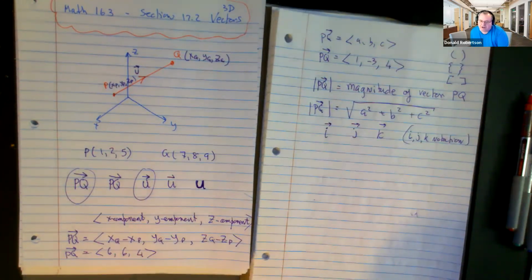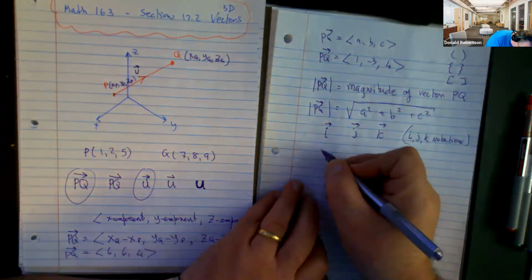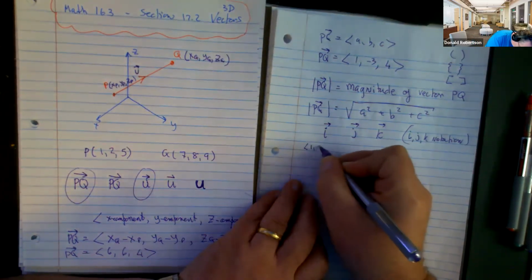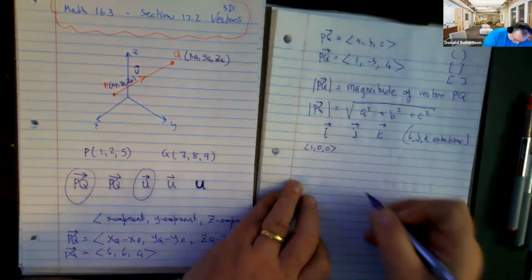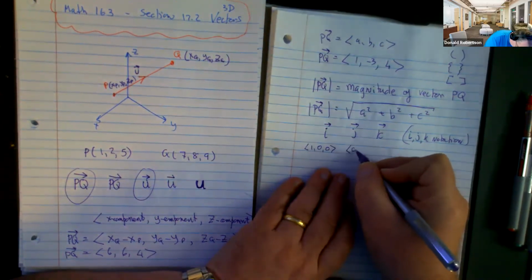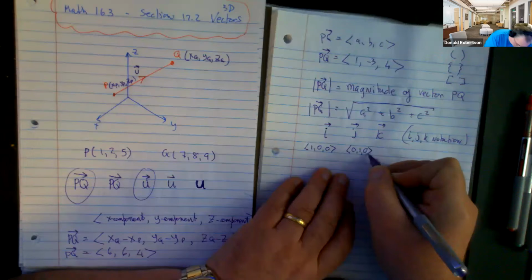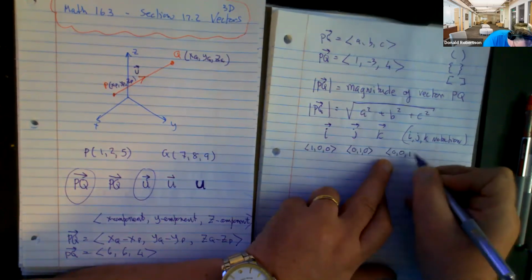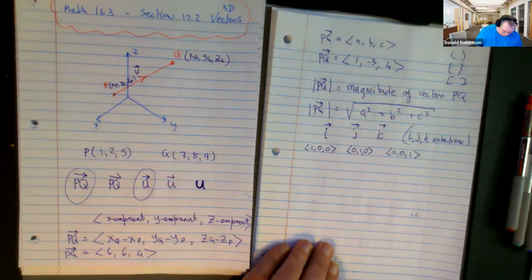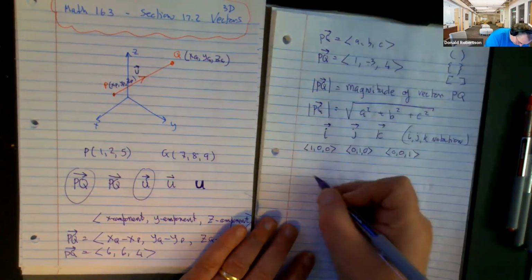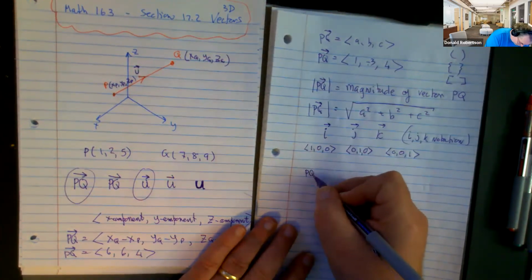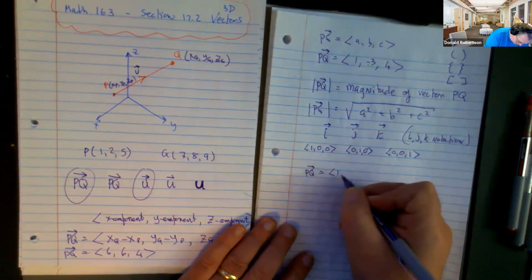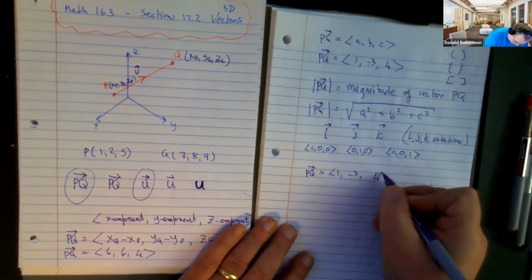I don't like the notation, but it is used, so you should know how to do it. i is one unit of movement in only the x direction. j is 1 unit of movement in the y direction, and k is 1 unit of movement in the z direction. So you see this vector here that I had a few moments ago, which was 1, -3, 4.